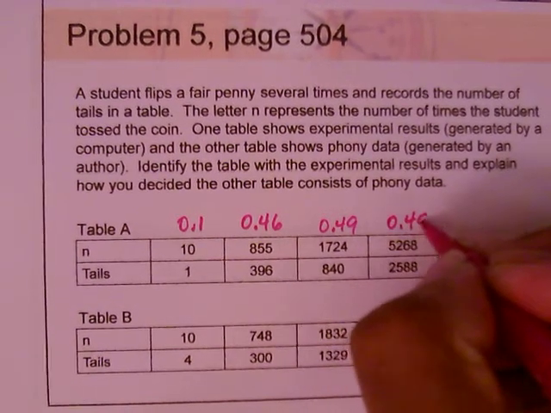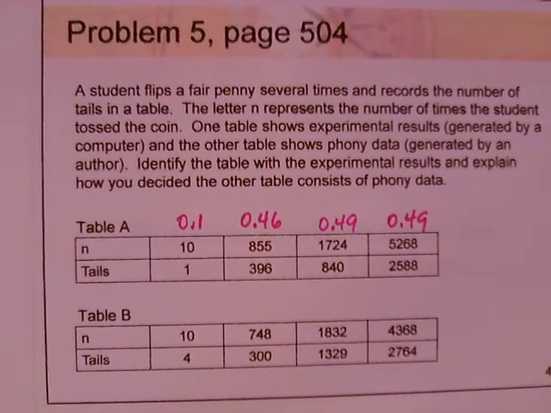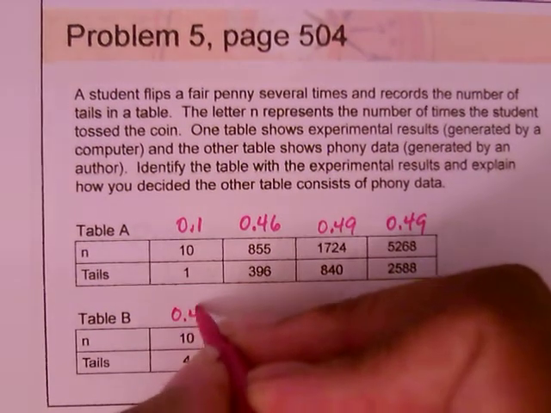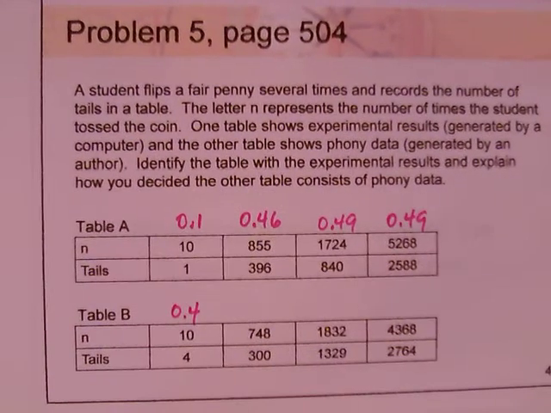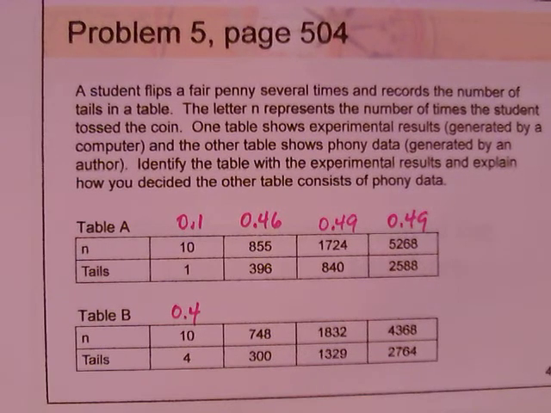Now for table B, 10 trials, 4 tails, 4 divided by 10, 0.4. This one, 748 trials, 300 tails, 300 divided by 748, that's going to be 0.40.